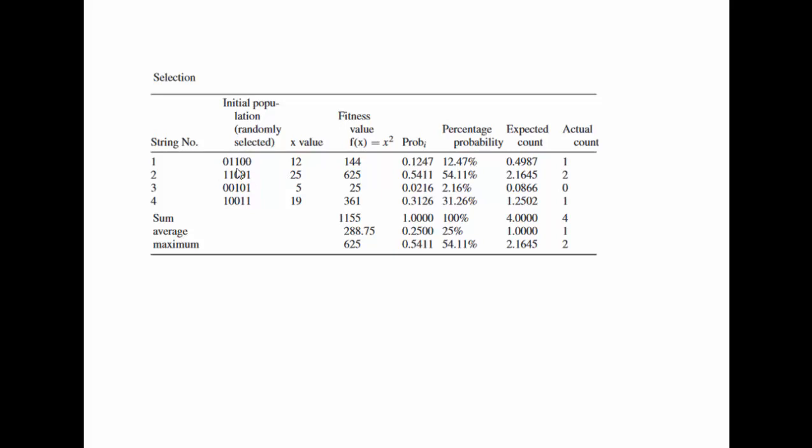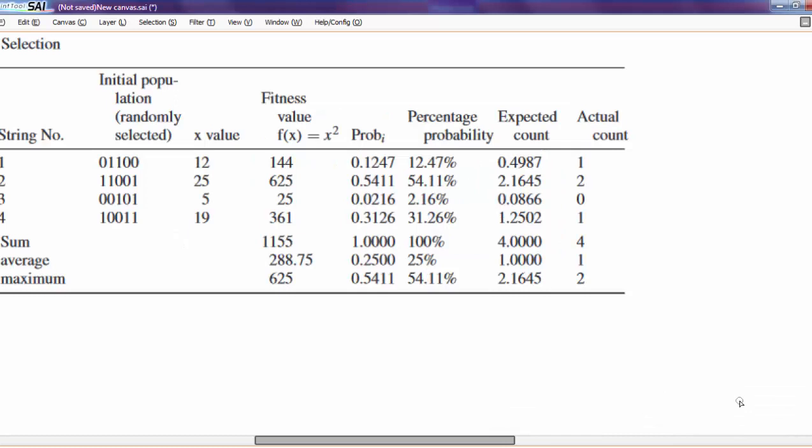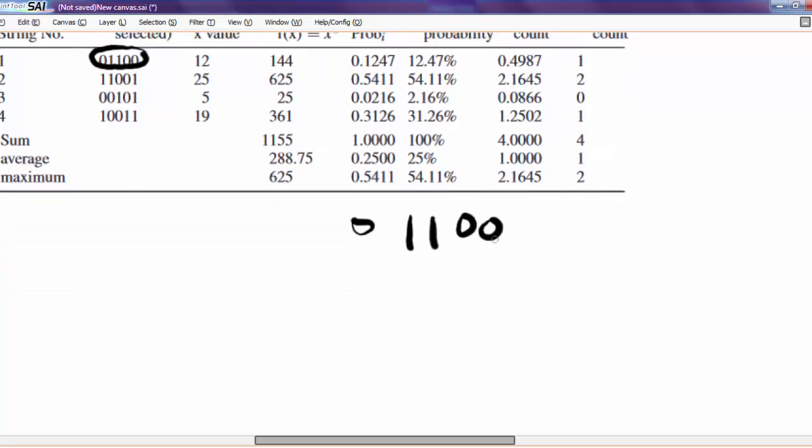For example, we take the first string, which is 0 0 1 1 0, and find the decoded value or decimal value for it. So 1, 2, 3, 4, 5 bits.